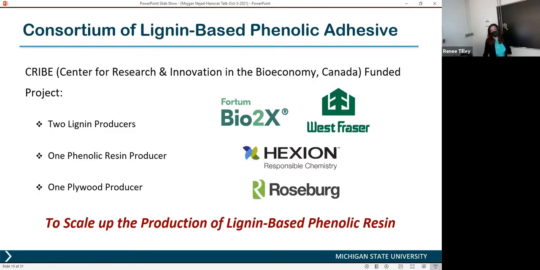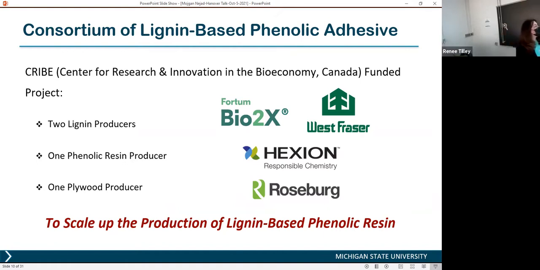That's why I applied for this grant from the Center for Research and Innovation in Bioeconomy, a Canadian institute interested in scaling up production of lignin and making value-added products with lignin.